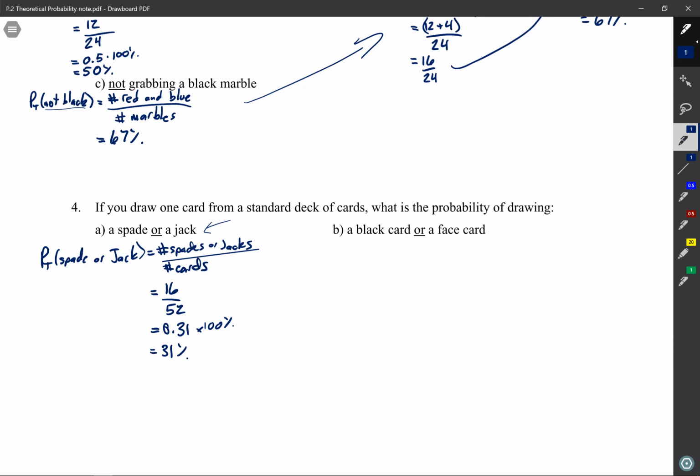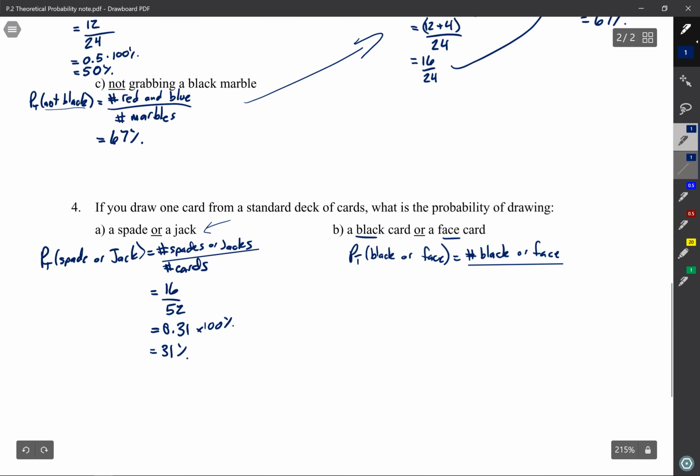And finally, we'll look at the black cards or a face card. So the theoretical probability of black or face is the number of black or face cards divided by the number of cards, just like last time.